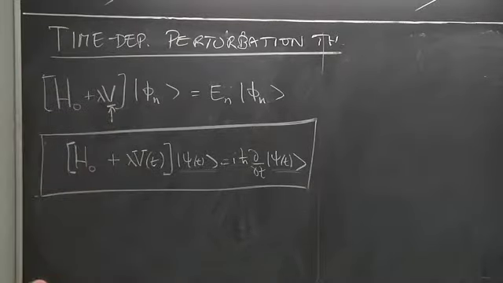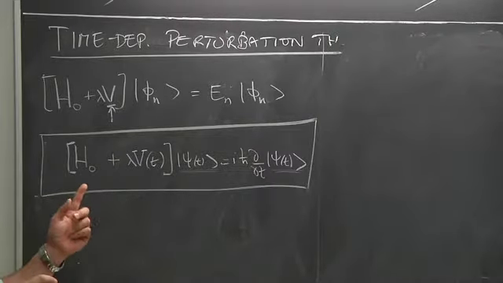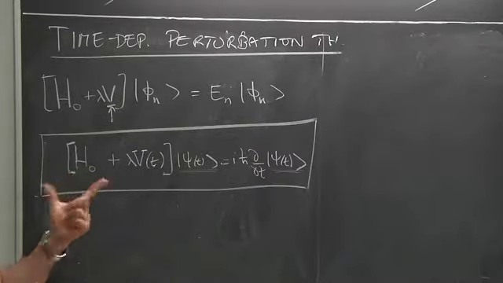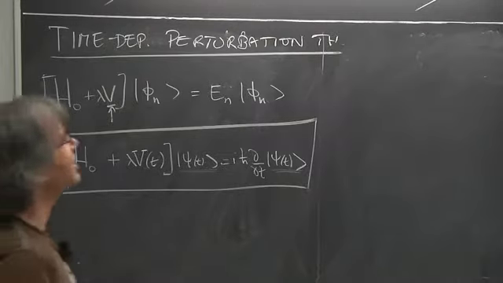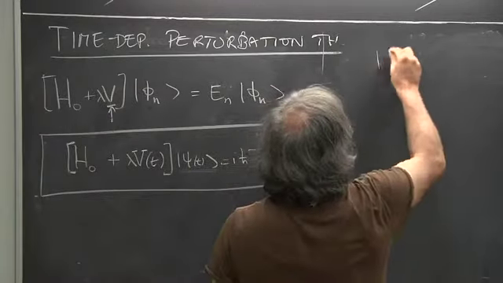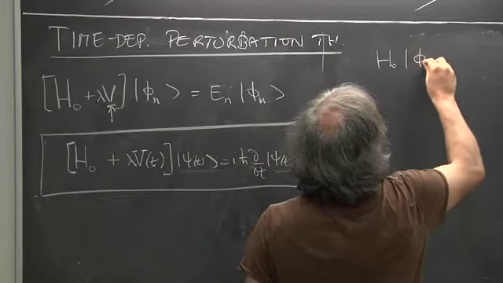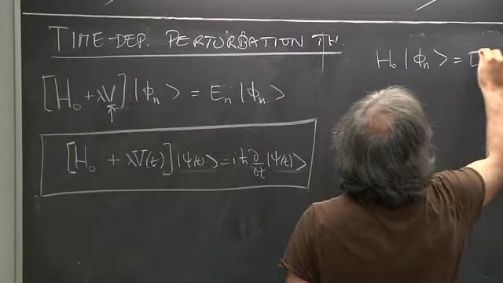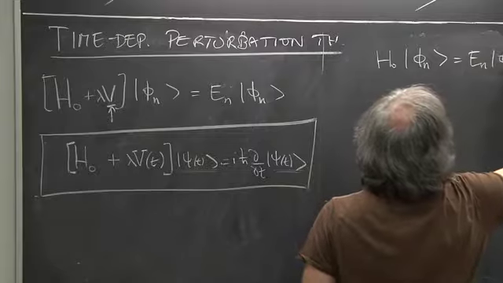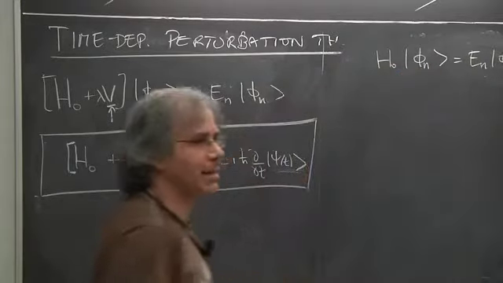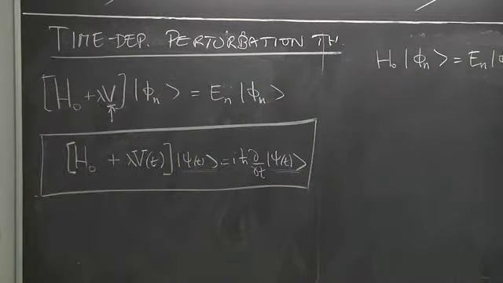Okay. Now, whenever you tackle this problem, first of all, you want to make use of the fact that H0 is something you know. Well, if it is something you know, it means that you have solved, for instance, this problem. Once again, let me be very schematic. n is some label.